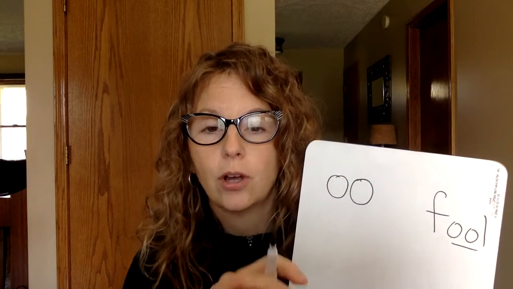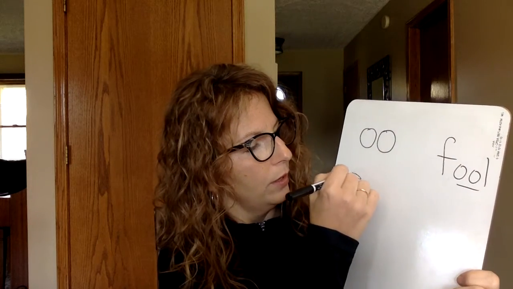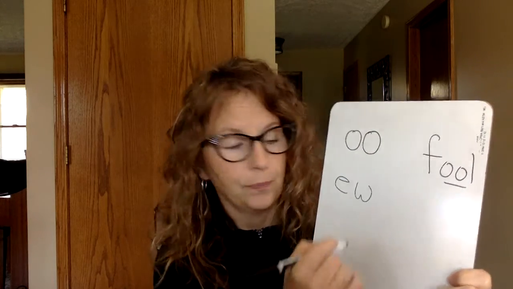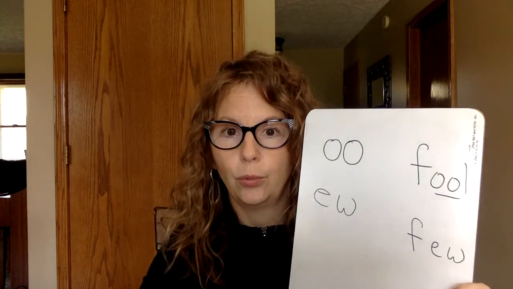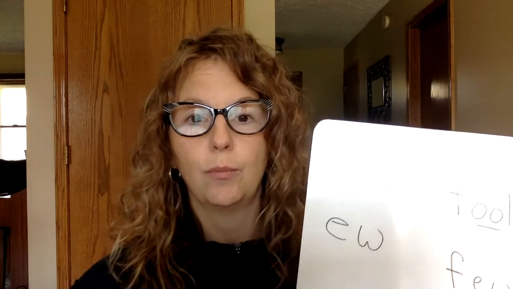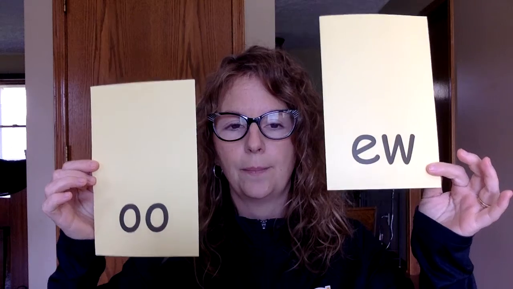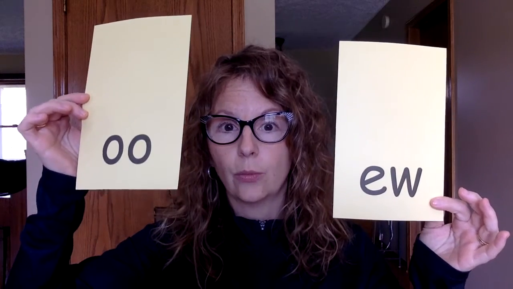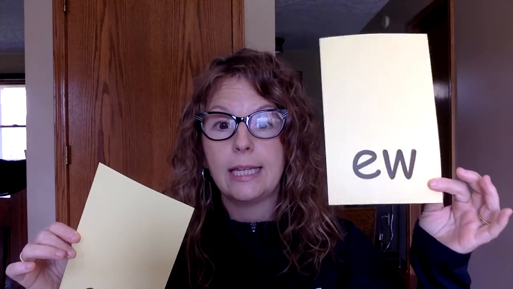Today, we're going to talk about another way to make the oo sound, and that is with EW, like in the word few, okay? So at the end of today, you're going to be using 2 different ways to make the oo sound. We did OO, week 1 of computer learning. We reviewed it. You've already done this in class. And now we're reviewing using EW.